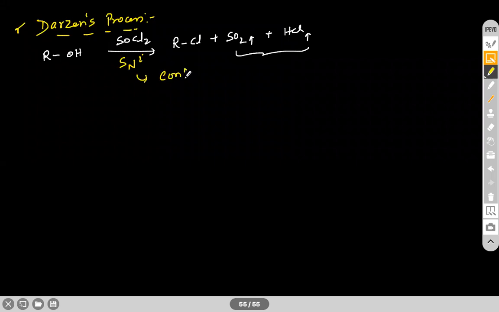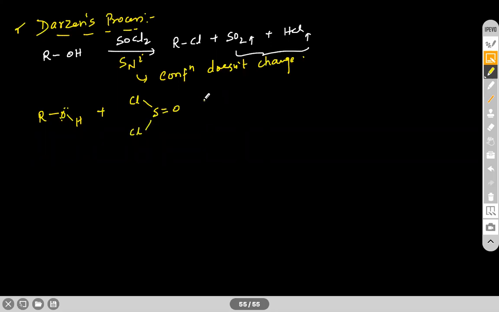It retains the configuration. You must remember this. Mechanism you see, ROH and SOCl2, the molecule is this. It is a similar kind of structure, like we have DMSO, dimethyl sulfoxide.